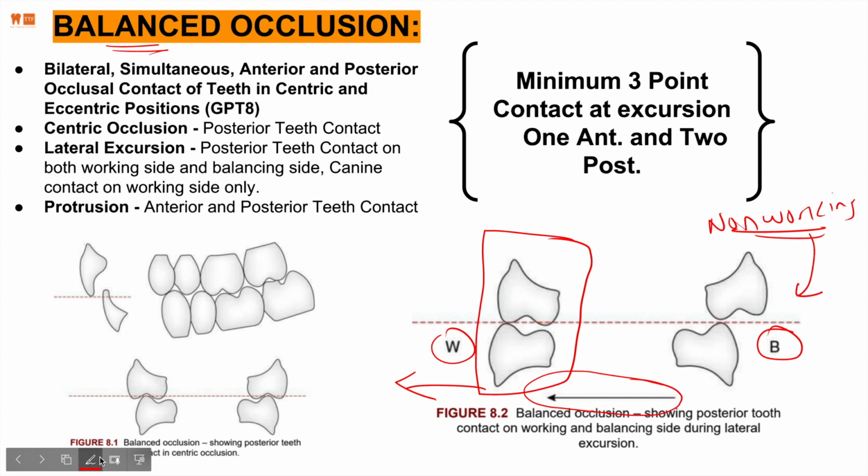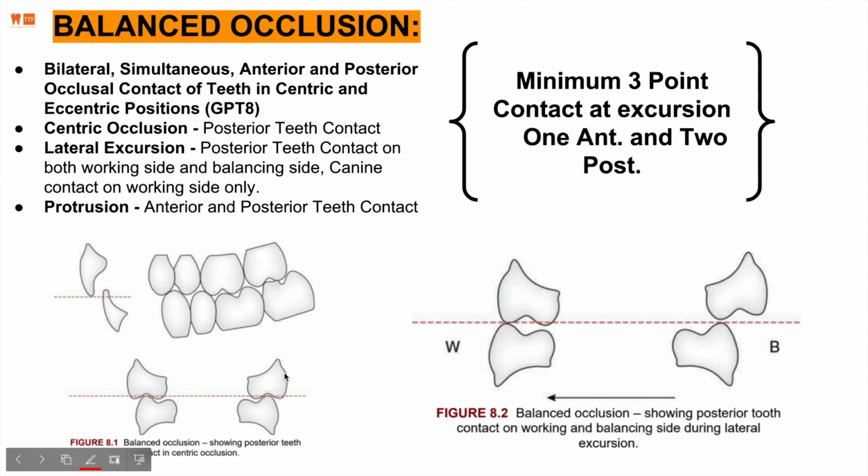So in bilateral balanced occlusion, we have contact here and we have contact here. In centric occlusion, of course, there is contact everywhere. In lateral excursion, moving sideways to the left side, the posterior teeth contact on the working and on the balancing side as well.